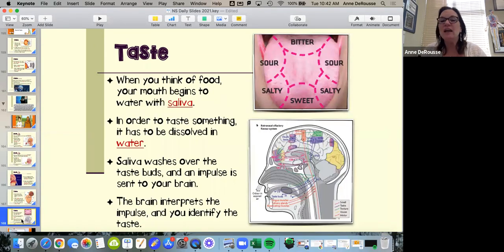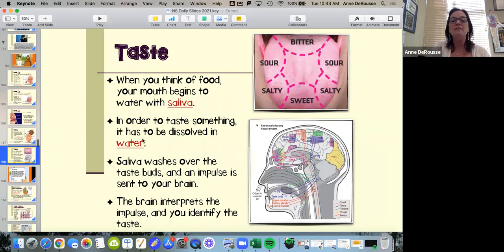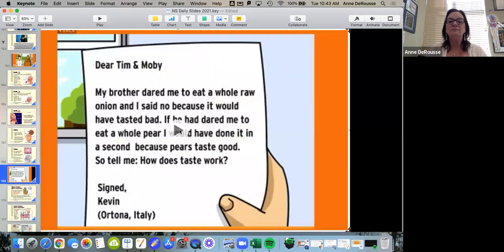This is interesting. In order for you to taste something, it's got to be dissolved in water, which is what the saliva does. And that is how you wind up tasting something, because that washes over the taste buds and that starts the impulse, which is sent to your brain, which happens like this.